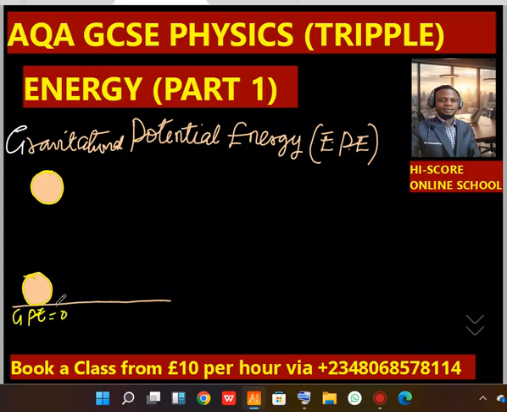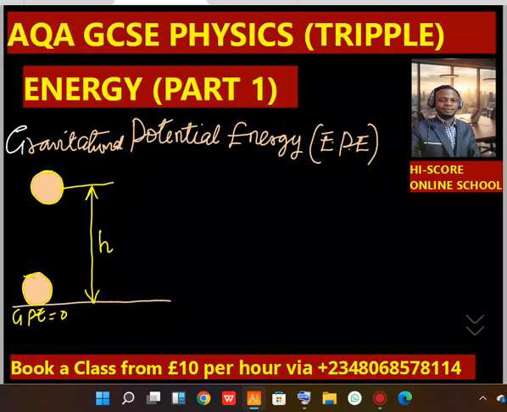GPE is 0 because the height is 0, but this particular one here, the height is h. So this one now, if it's released to fall to the ground, is going to do some work on anybody it meets.